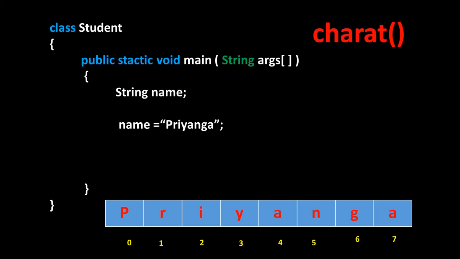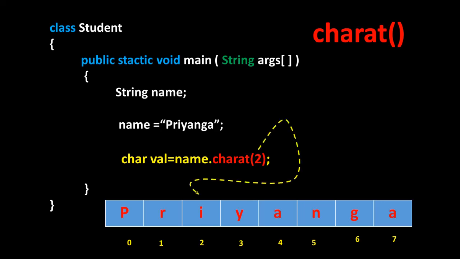And then I use charAt 2. 2 means index number 2. So what is index number 2? That is I. So it will return the value I.